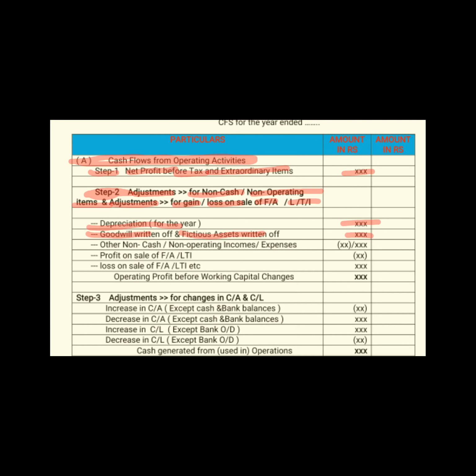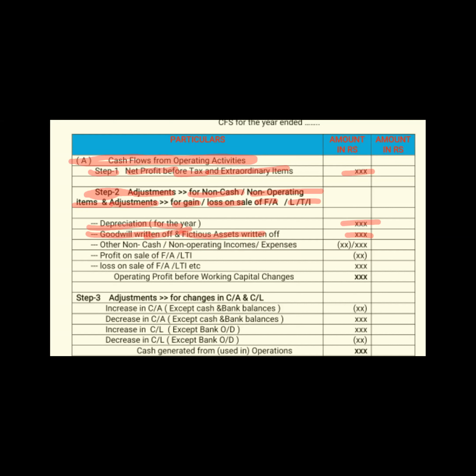If those balances have been reduced compared to the previous year, for example the goodwill balance, those will be called written off. Those things are non-cash expenditure. Our cash amount is not going out, yet they were taken on the debit side of the P&L account, and now we are calculating cash flow back.